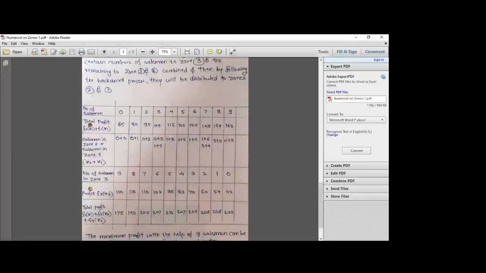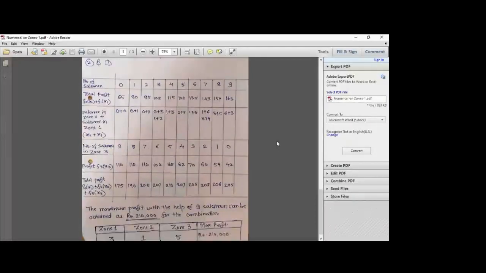So now what we have done, this entire table was with respect to zone 1 and zone 2 only. Now we are going to consider the number of salesmen for zone 3.